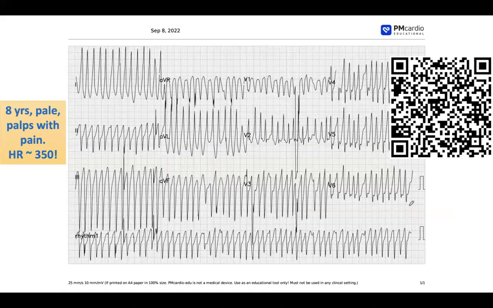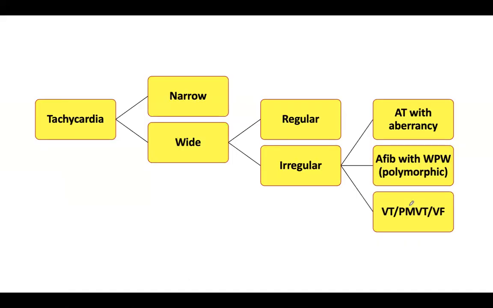She's stable-ish, but very pale and sick looking. So how would you describe that ECG really quick, last minute? Irregular, wide complex tachycardia, right, guys? Okay, agree. So that's an irregular wide complex tachycardia.